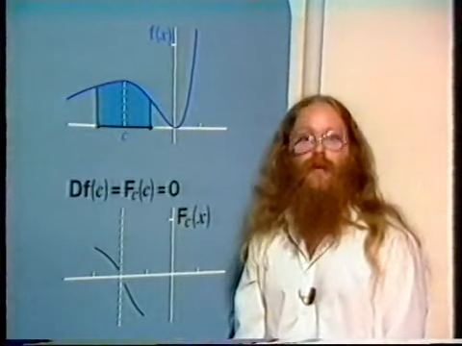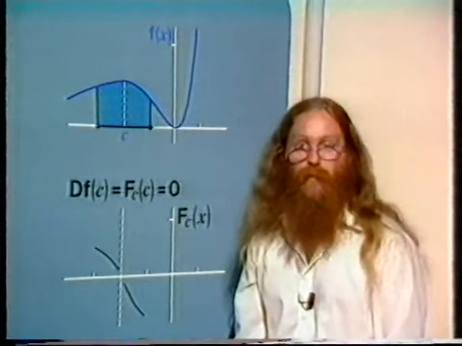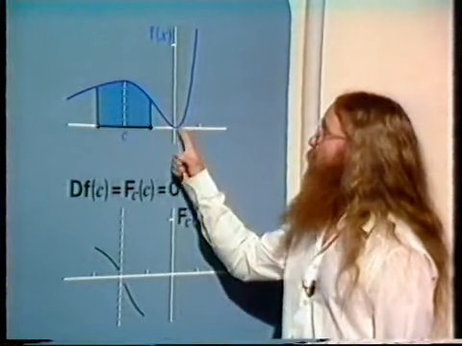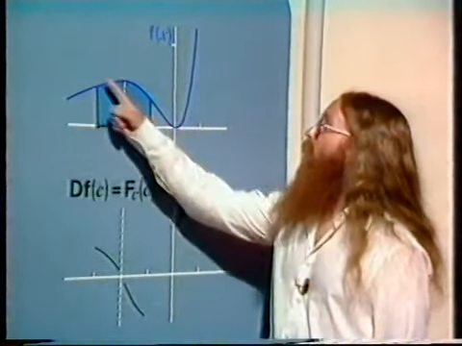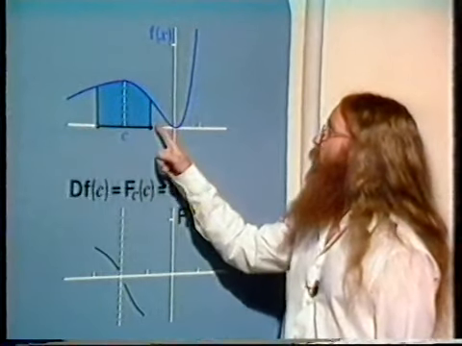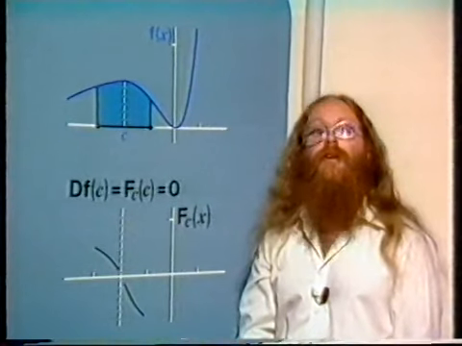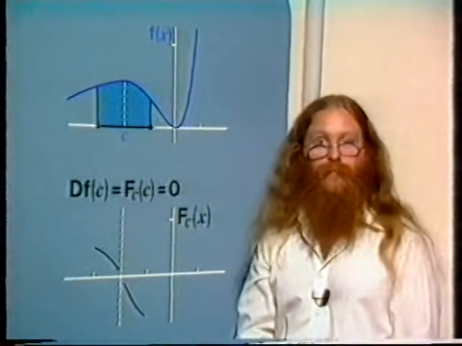Finally, we looked at a more general result, the local extremum theorem. That tells us if a function has a local maximum or a local minimum and it's differentiable, then the derivative at these points is just 0.